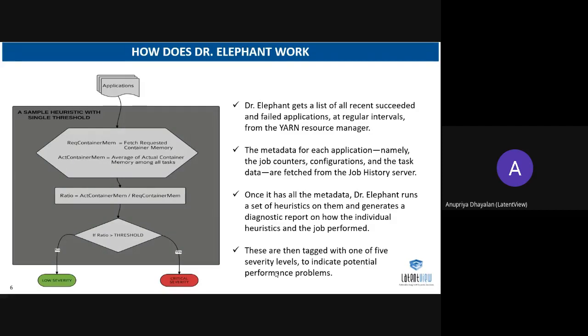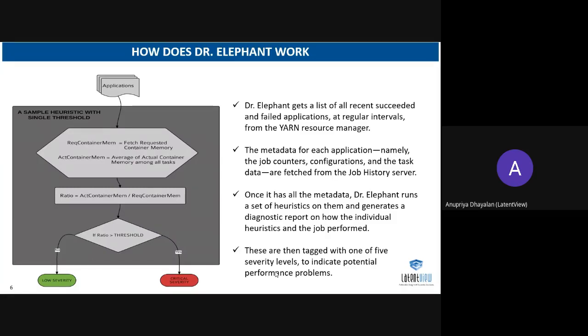Whatever Spark job is submitted through a Spark Submit application, all the logs will be available through a history service. For Spark, there is a separate UI where you can get all the logs related to each and every application.